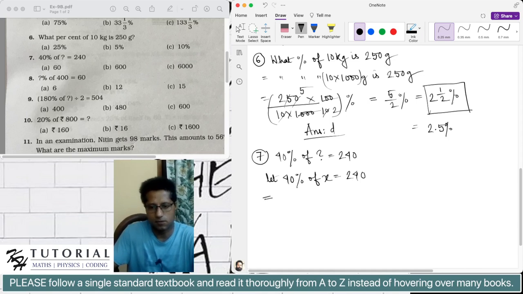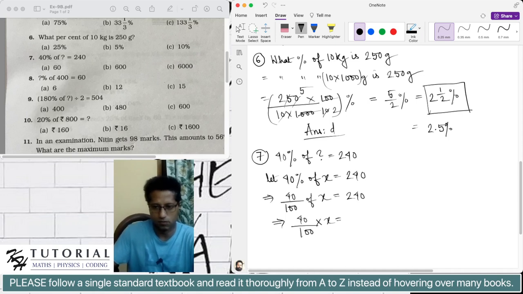So 40% of x means 40 by 100 of x is equal to 240. Now 40 by 100 of x means 40 by 100 multiplied by x is equal to 240.